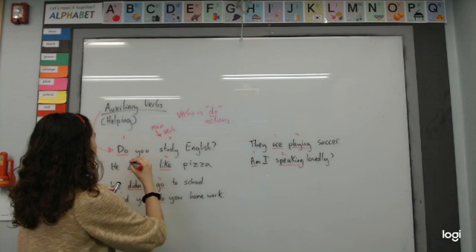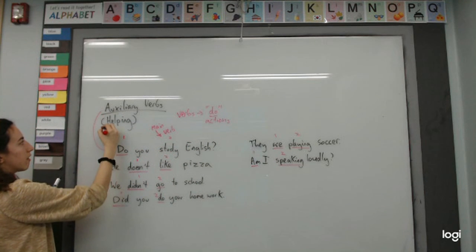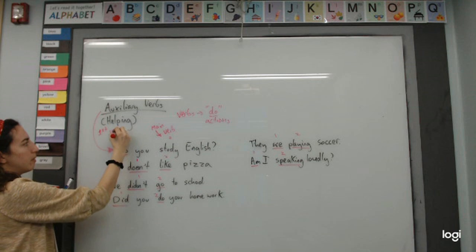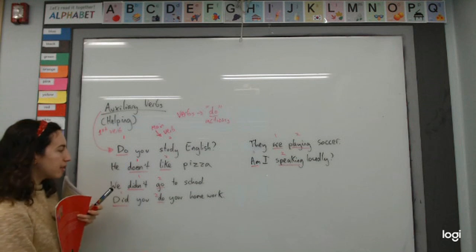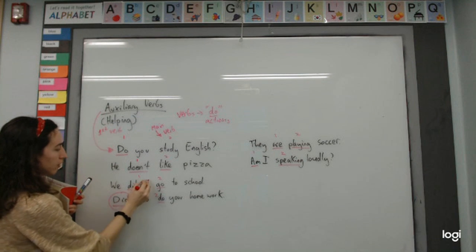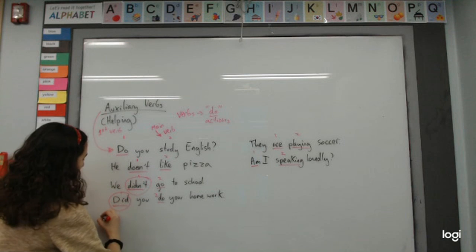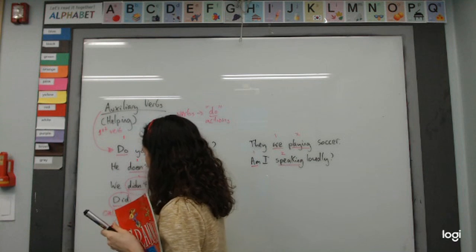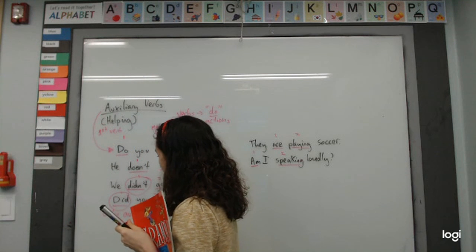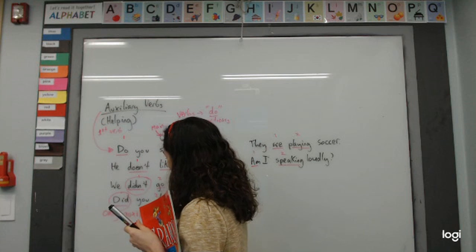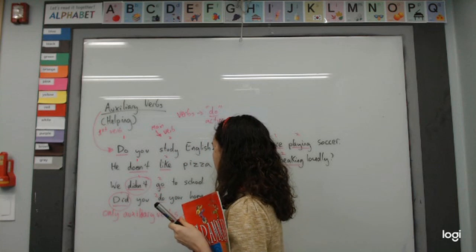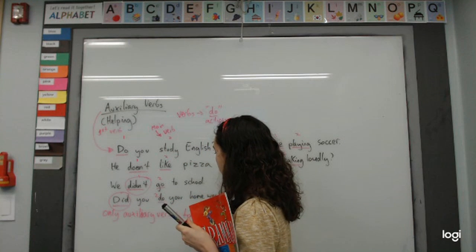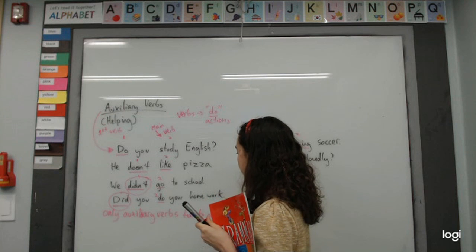So remember, the auxiliary verb is always the first verb. And when we make past tense, only the first verb, the auxiliary verb, is in past tense. Only the helping verbs turn to past tense.